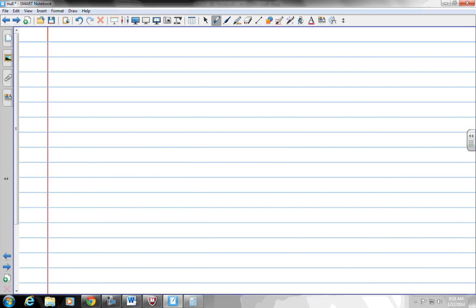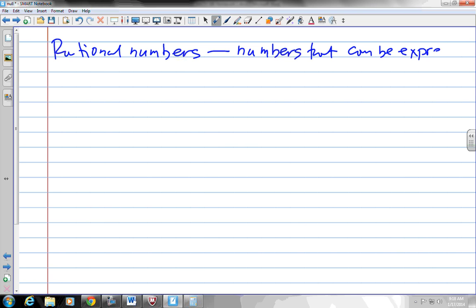So the definition of rational numbers: those are numbers that can be expressed as a ratio of 2 integers.